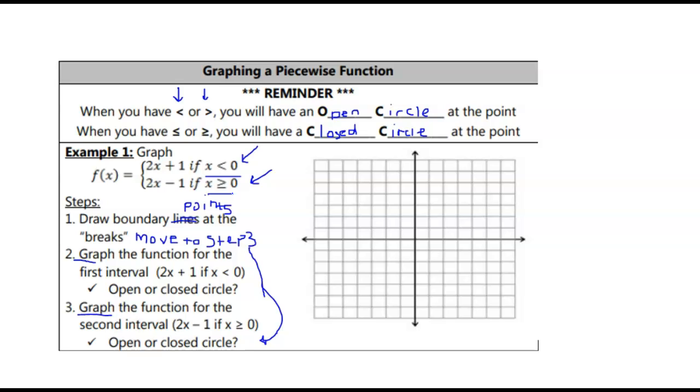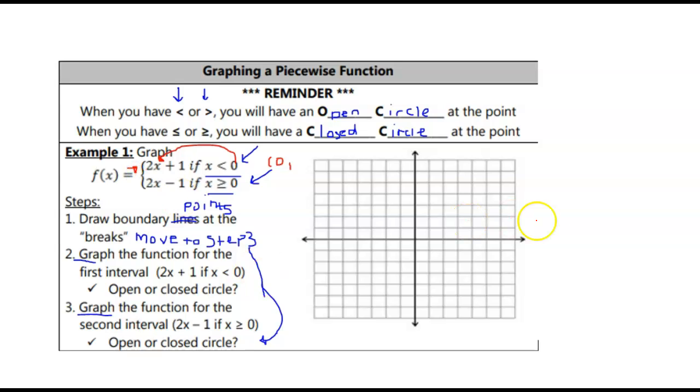So what I'll do first is I'm going to go ahead with my red pen. I will input my boundary point, which is 0, into the first function to figure out where that point is, okay? I know the x value of that point is going to be 0, so I will write a 0 on the side to notate that. I will find f of 0 for the first part of the function.